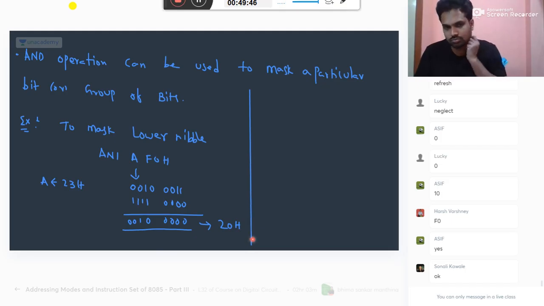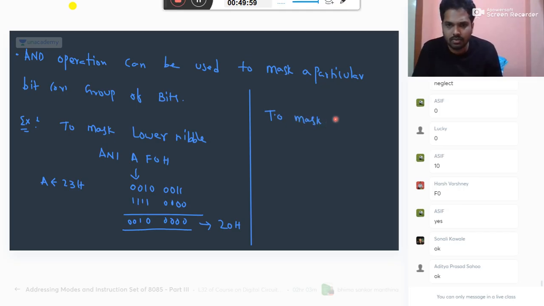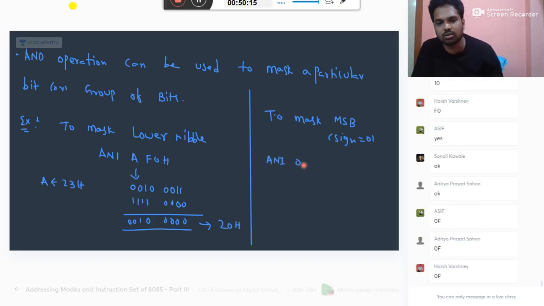Correct. Take the accumulator equal to BC. Now you AND with 7F. What will you get? The MSB will be 0 and the remaining will come as it is.